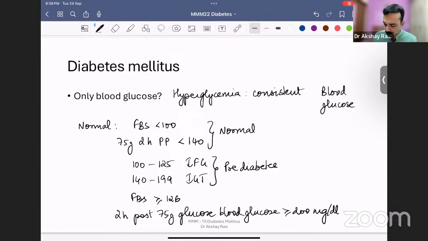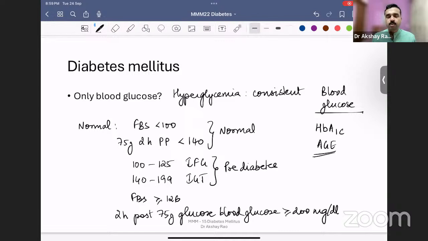Now, you know that we don't only rely on blood glucose levels directly. We also rely on HbA1c, that is glycated hemoglobin, also previously known as glycosylated hemoglobin. Glycated hemoglobin is actually an advanced glycation end product, an AGE. That means we have this hemoglobin inside our RBCs.